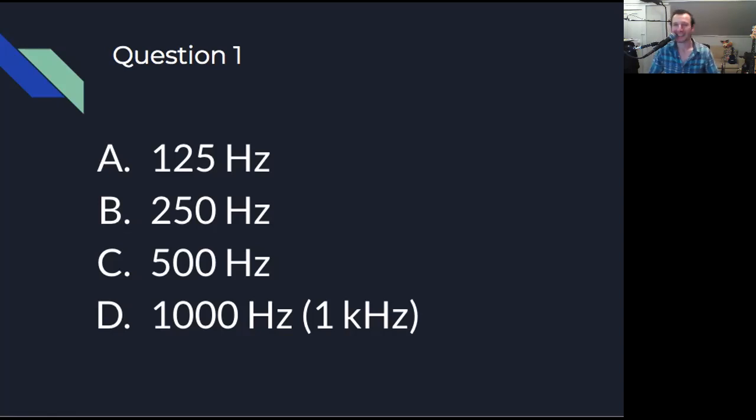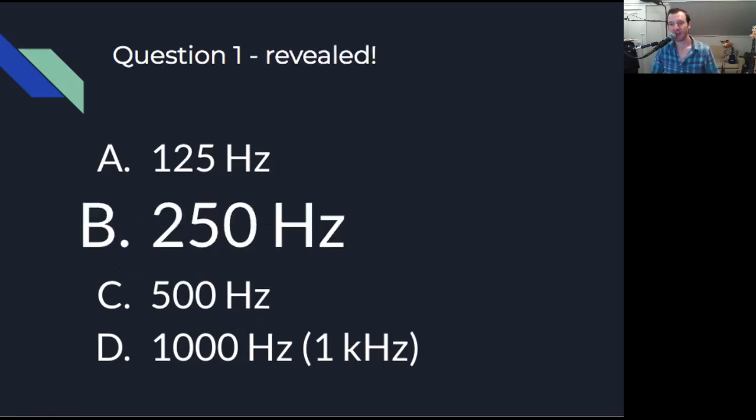Okay, let's go. Here is question number 1. Identify which of these 4 frequencies this is. Is that A, 125, B, 250, C, 500, or D, 1 kilohertz? It was B, 250 hertz.